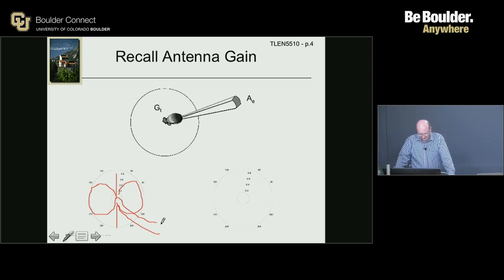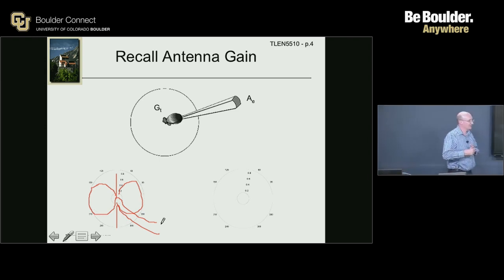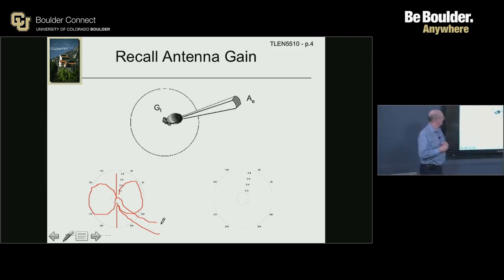So the antenna gain is what defines, who knows the definition of the antenna gain? The antenna gain is the, yep. Power that you receive per unit area.